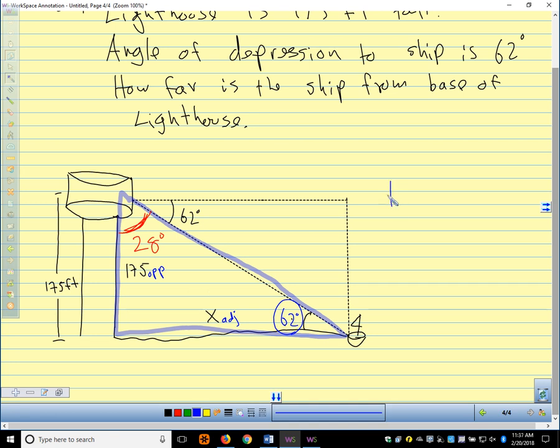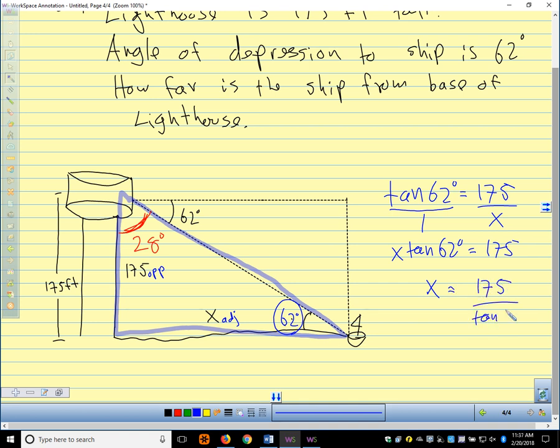So for the blue angle, tangent of 62 degrees equals the opposite over the adjacent. I can think of that as a proportion. Remember to cross multiply. So I get x tangent 62 equals 175. I need to get x by itself, so I divide. x equals 175 divided by the tangent of 62.